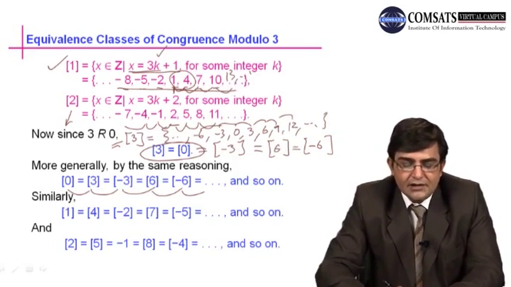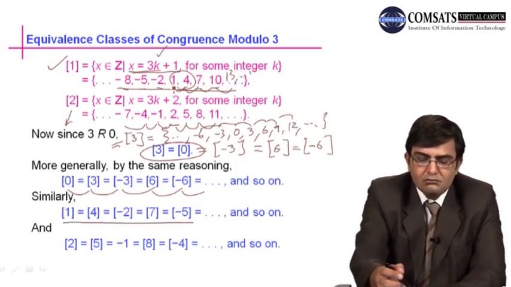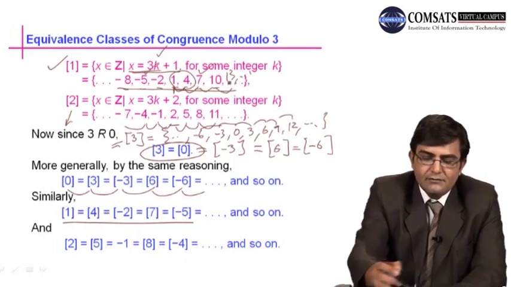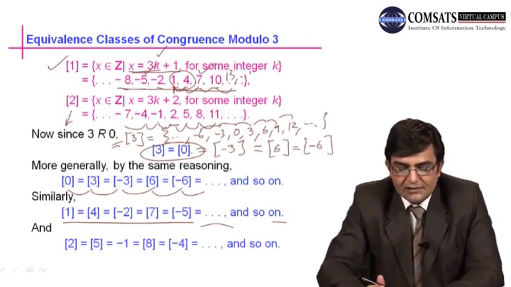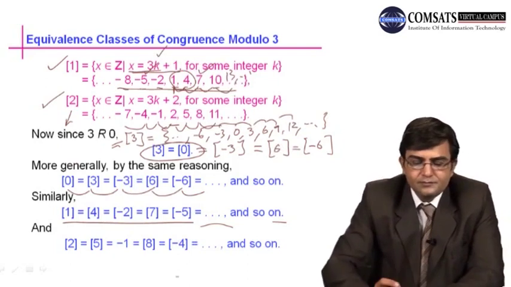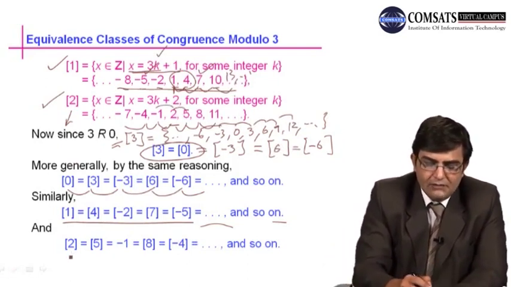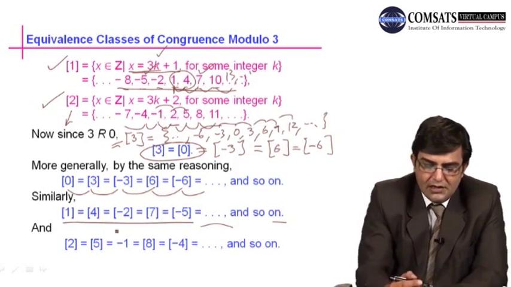So 1, 4, minus 2, 7, minus 5, 10, minus 8, and so forth: the equivalence classes of all these integers must be the same. Similarly, 2 is related to 5, and 2 is related to minus 1. So the equivalence class of 2 must be equal to the equivalence class of 5, and the equivalence class of 5 must be equal to the equivalence class of minus 1.